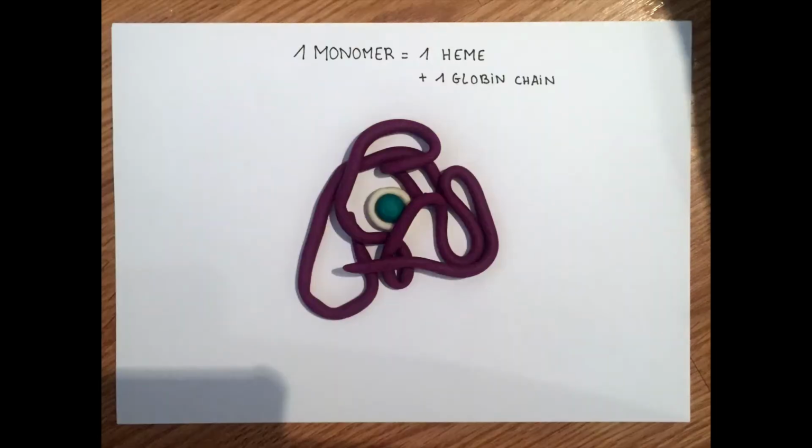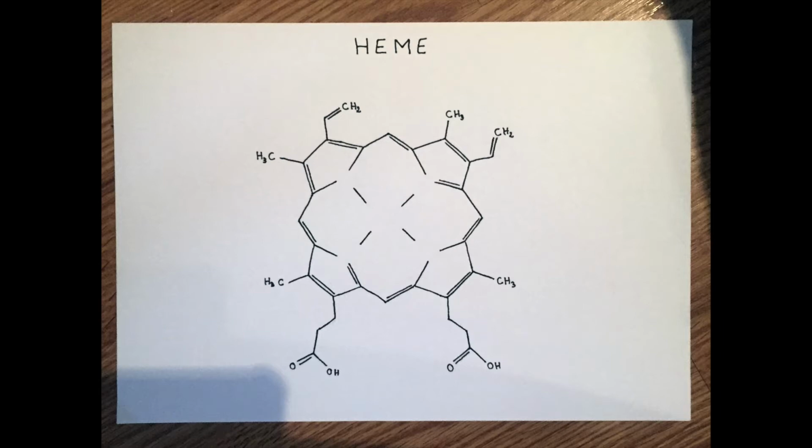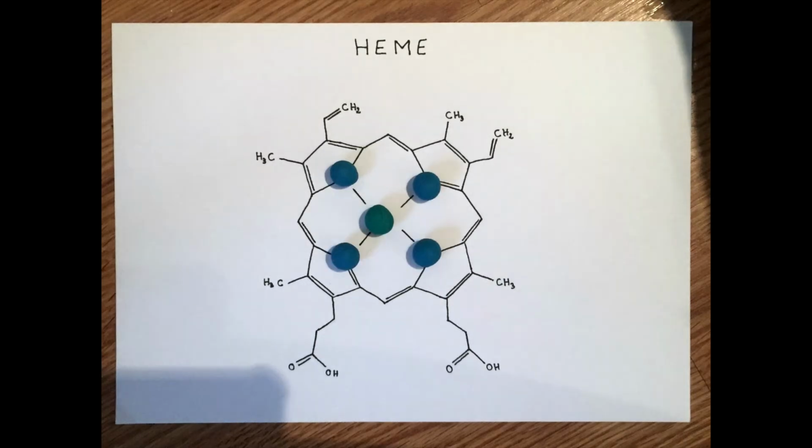So each monomer is constituted of one hem, iron atom in green, and one globin chain. The hem group is a prosthetic group, so covalently and permanently bound to the molecule. It is composed of a central iron atom coordinated to a porphyrin ring with 4 nitrogen atoms.